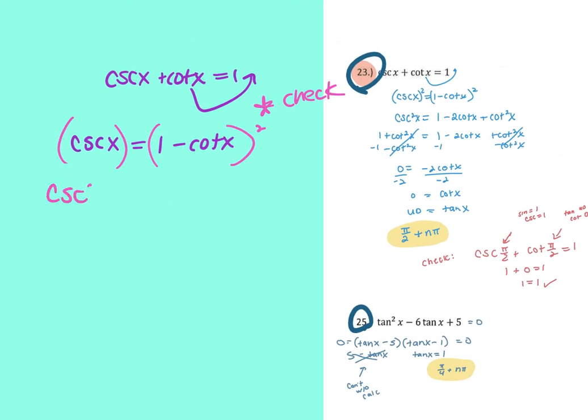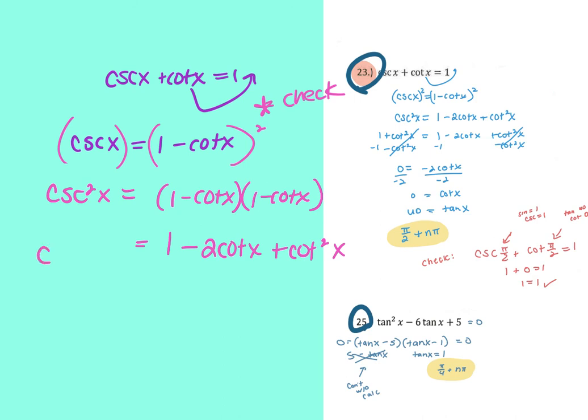So this would be cosecant squared x equals 1 minus cotangent times 1 minus cotangent: 1 minus 2 cotangent x plus cotangent squared x equals cosecant squared x. I need the same trig function, and I can't replace the cotangent, which means cosecant's the one we're going to replace.